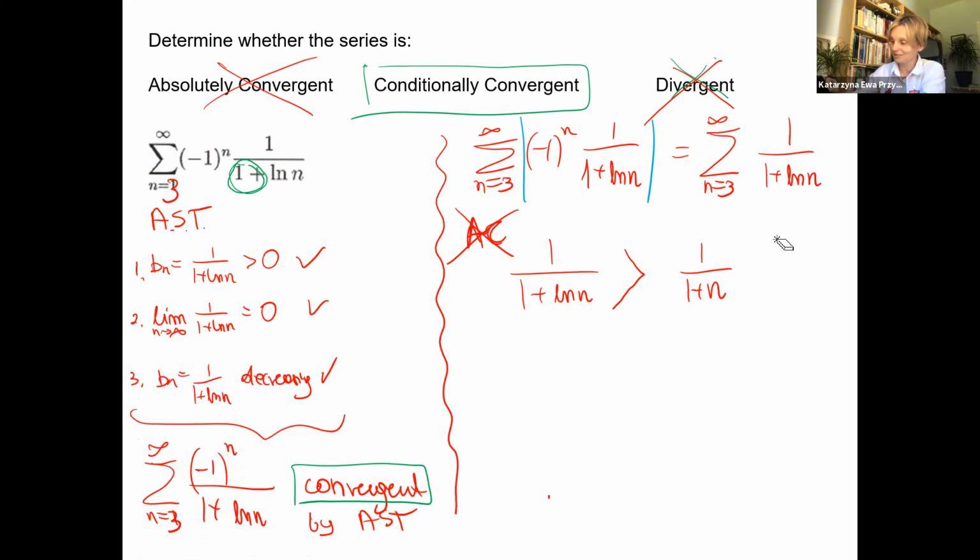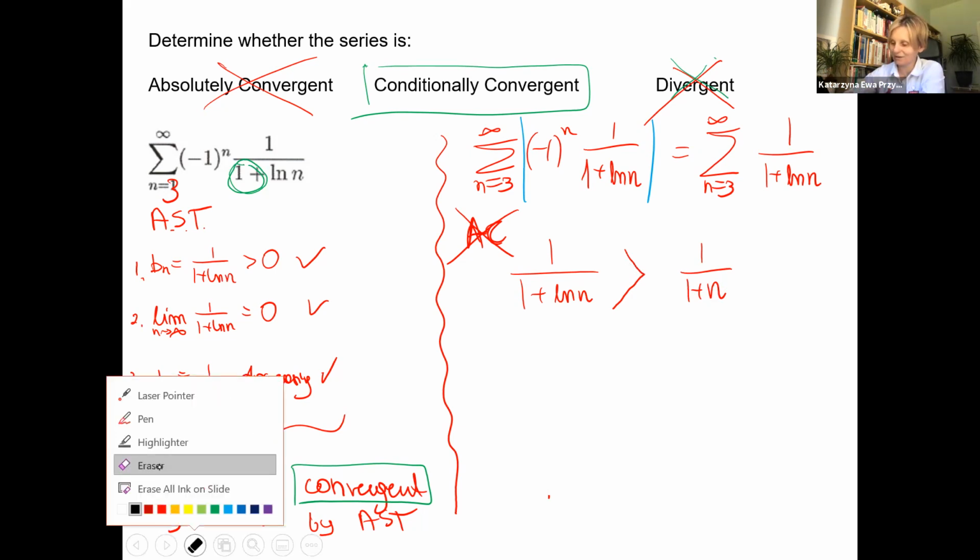Okay, let me remove this one. We can compare this way, definitely. I'm just thinking. We can definitely do it, and we can see it is divergent.